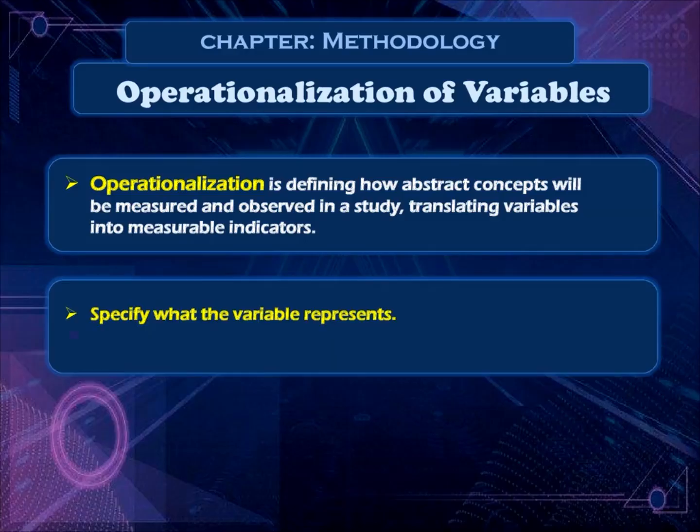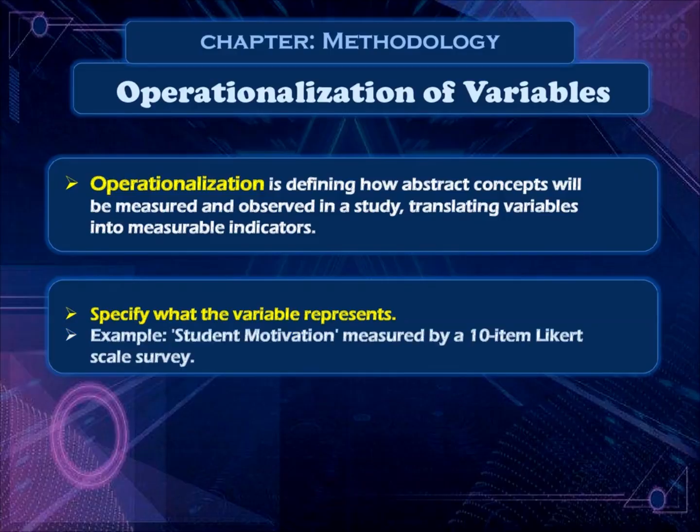So for all abstract concepts, if you want to measure them as a variable, then you have to explain how this will help you measure those abstract concepts. So you have to specify what the variable represents. You'll say, okay, I will measure how many times he or she smiles, or how many times he's angry, or something like that. You have to explain that.